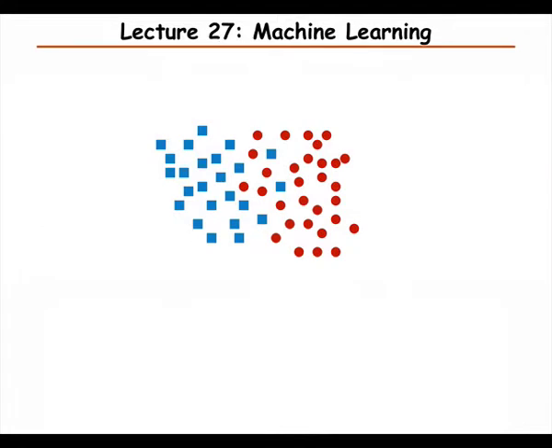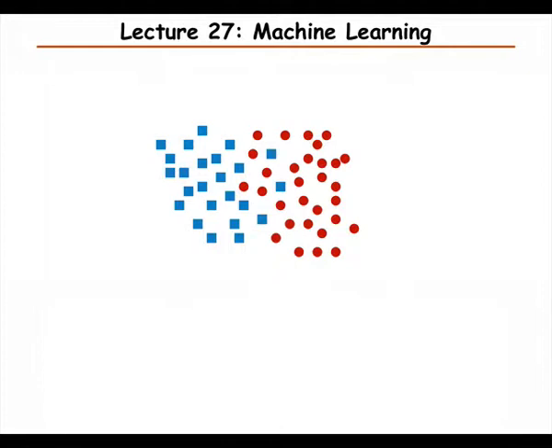Then there will be a lecture on machine learning, and basically what machine learning is that you make many measurements, let's say you make a proteomics measurement where you measure thousands of different proteins, and you want to separate 2 cases, let's say disease from healthy.